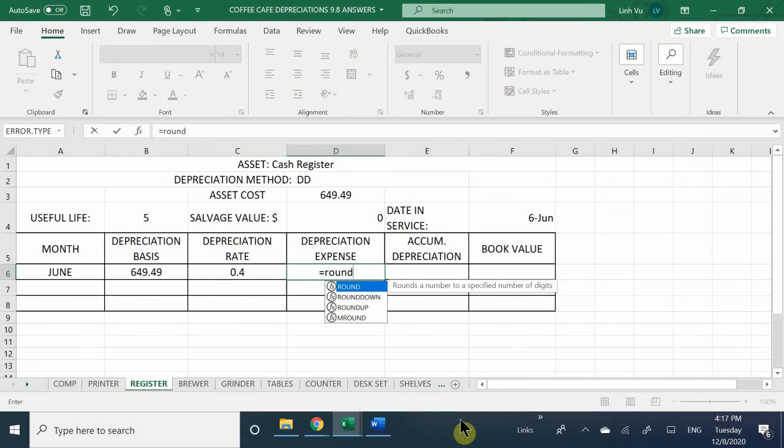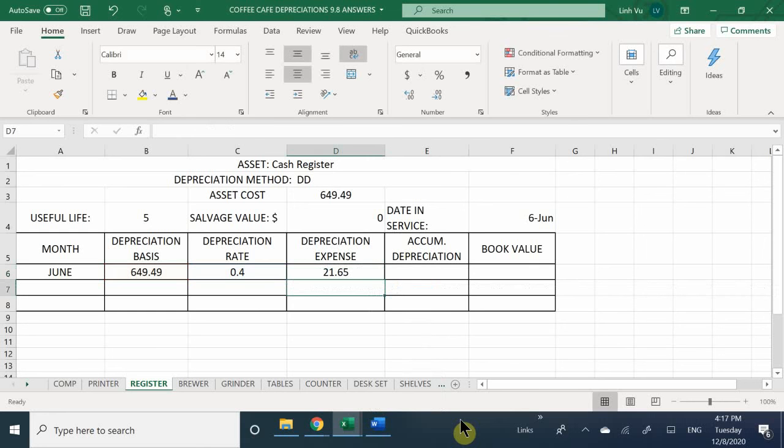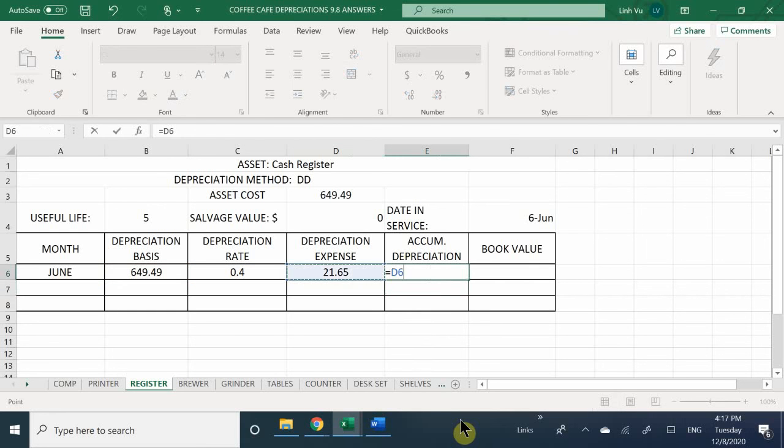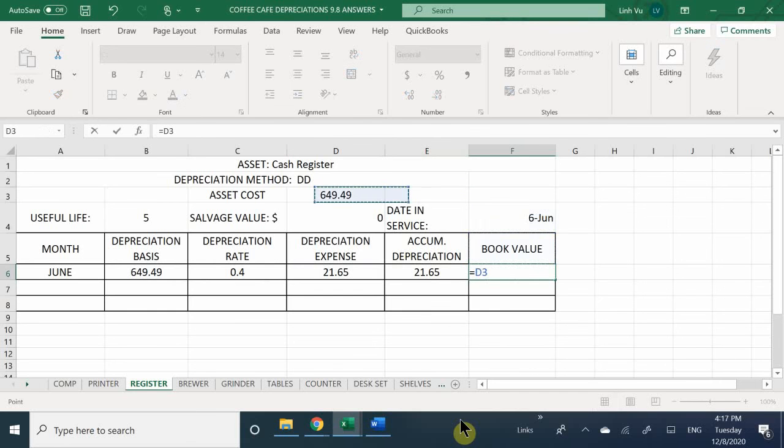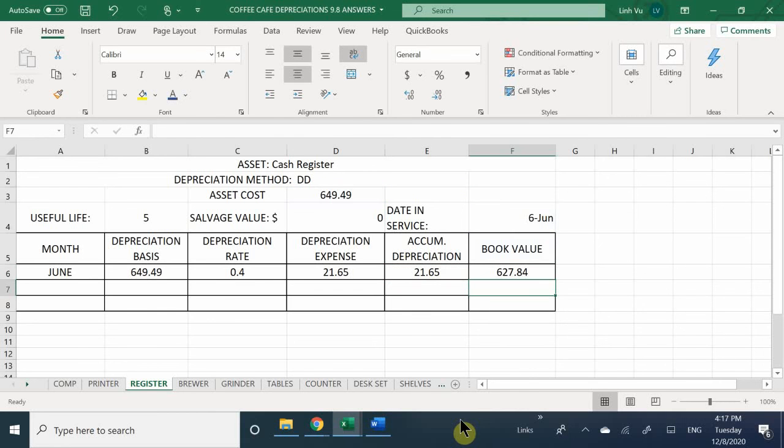My depreciation expense is going to be $21.65, making that my accumulated depreciation as well, bringing my book value to $627.84. Good.